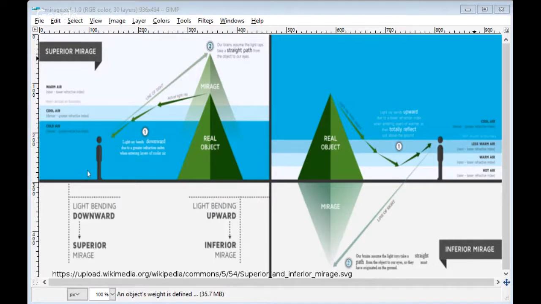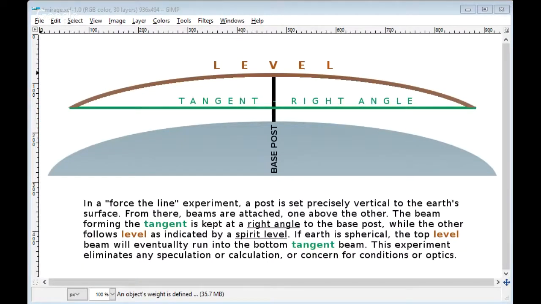One is to get so far from the Earth that you can see the whole thing at once, not by stitching images together, but by seeing it all in one shot, which may or may not even be possible, depending on who you want to believe, but that's not something the average person can check. So the other way is to compare a tangent line and a level line. And this gets into what was described, I think, at least a year ago, as the force the line. So let me just briefly explain what that is.